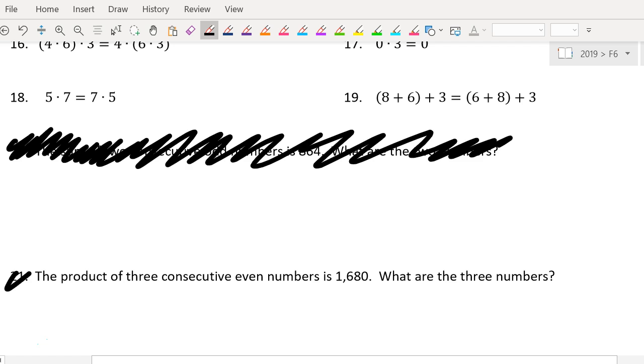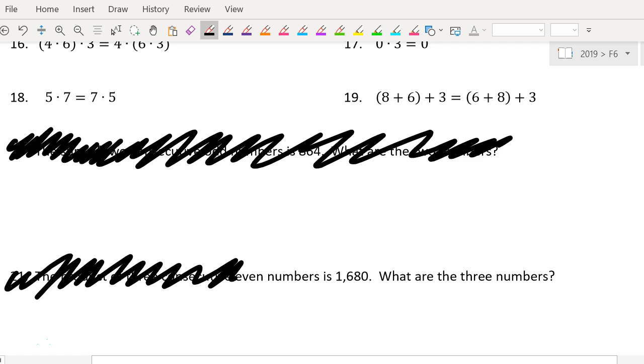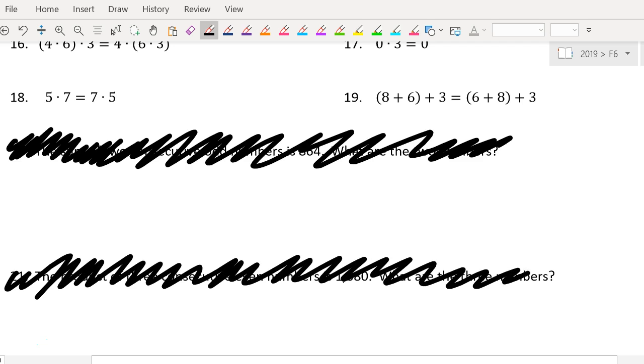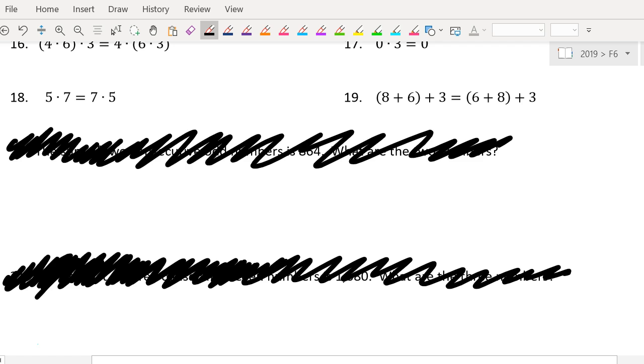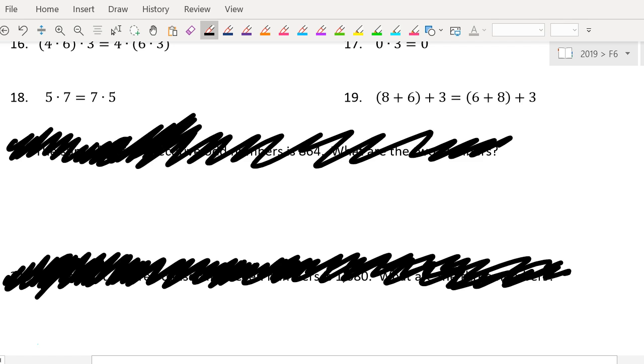Even though you can kind of use logic for these, I'd rather have you use algebra, and we haven't gone through that algebra yet, so I'm going to bring them back once we've done our algebra later in the year.